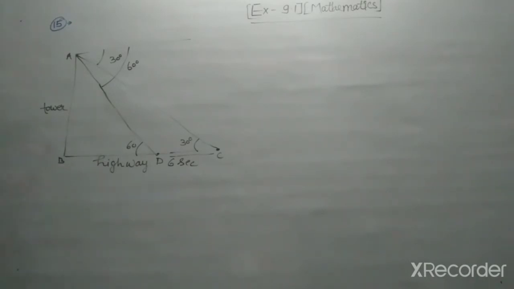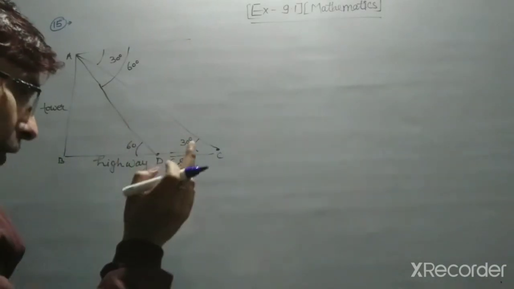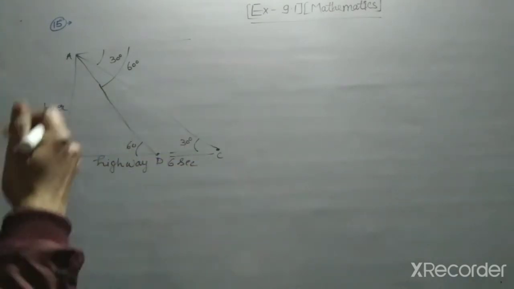Okay, so at that time you have to use these things. What things do you have to use here? You very well know that after 6 seconds it will reach from C to D. So it will go there at a uniform speed.